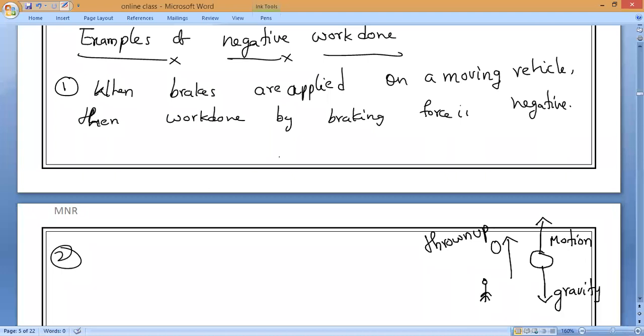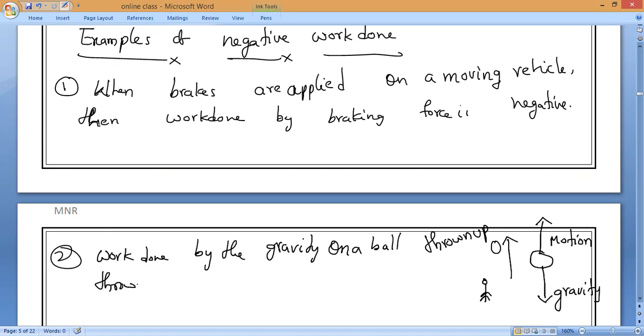Negative work done. Write it: work done by the gravity on a ball thrown vertically upwards.